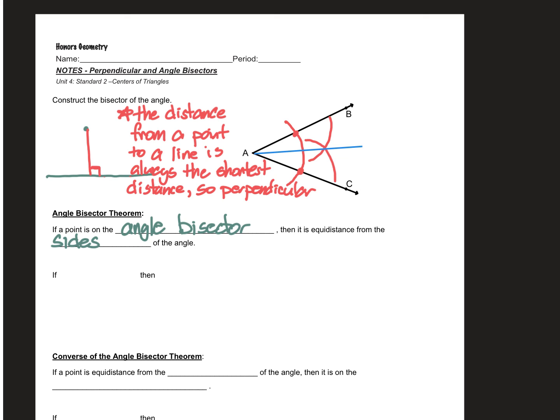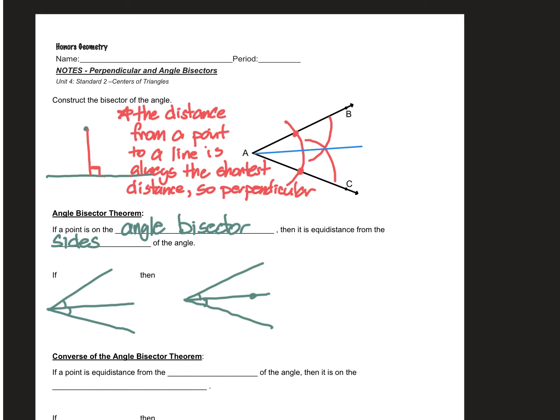So now we have, if we know that a line segment is the angle bisector, right? So here we have a line segment. How are we going to know it's the angle bisector? We can't just assume it. We need to have actual congruence marks. So if we see something like this where there are congruence marks, then without being given the information, we now know that any point on that angle bisector, right?